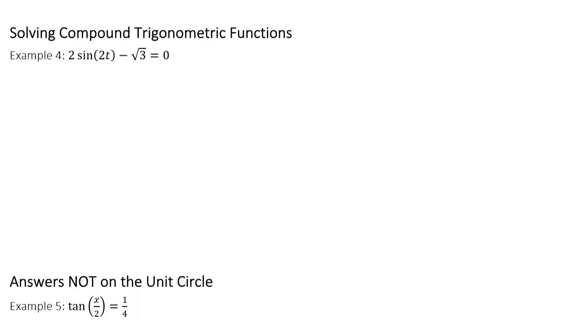As you can see on the screen, we're going to talk about that again in more detail to give you another example. For this first one, this is a compound trigonometric function because inside my parentheses I have an additional function, 2t. That's not going to affect how I start solving the equation. I'm still going to add rad 3 to both sides, and I'm still going to divide both sides by 2.